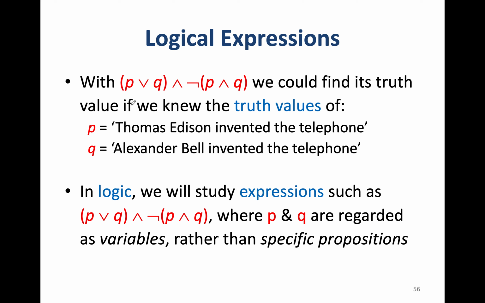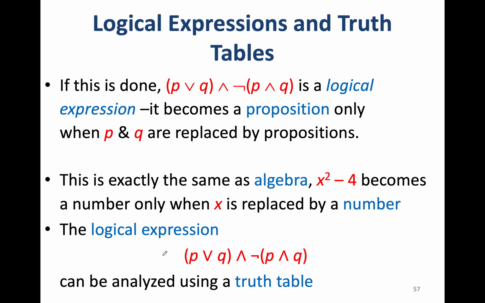Now we've got here the logical expression, P or Q and not P and Q, and we can find the truth value of it by creating the truth table. Now studying this expression will ask us to build a truth table.